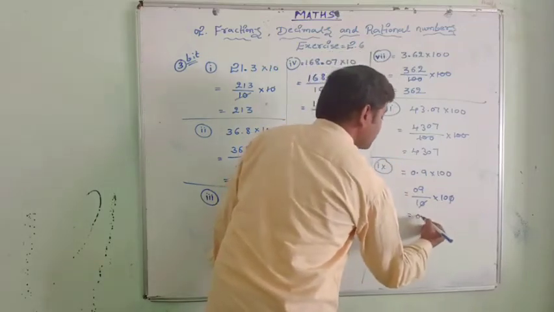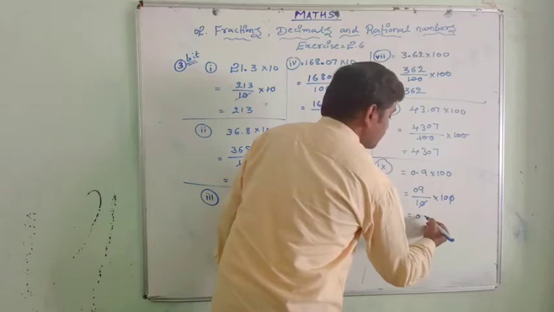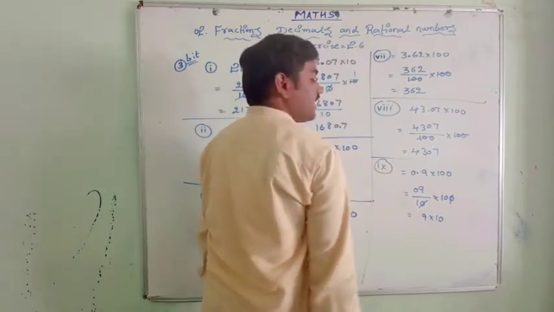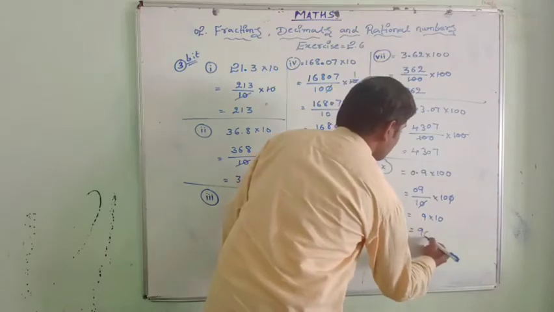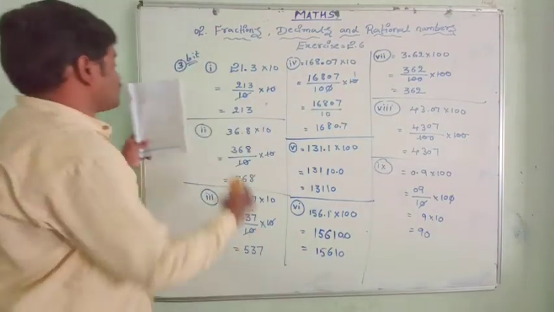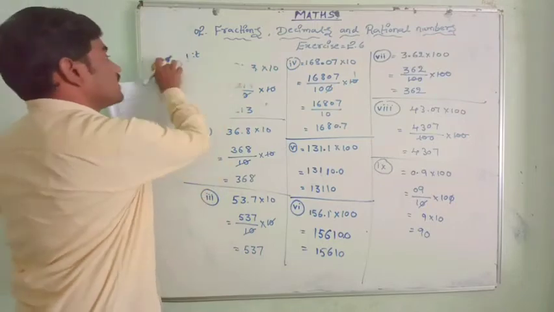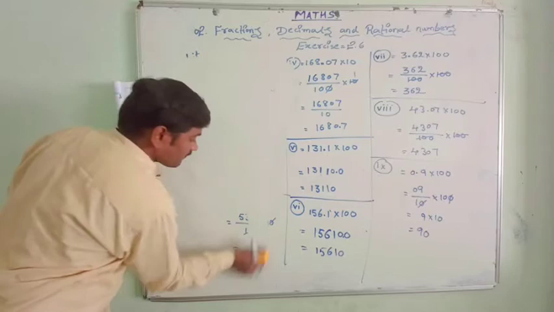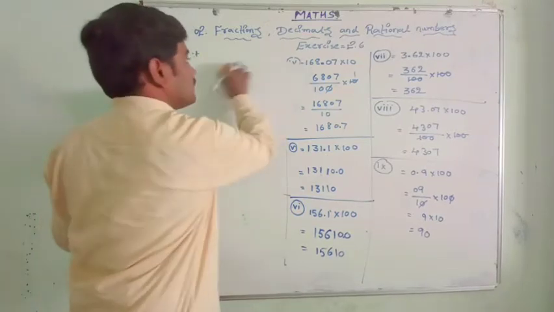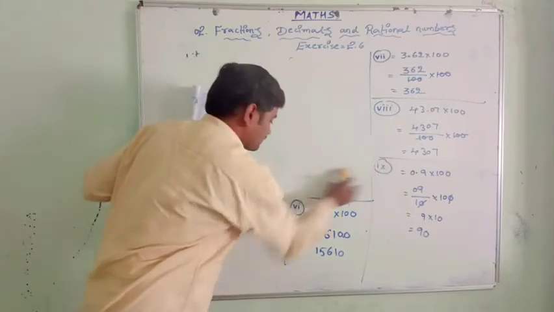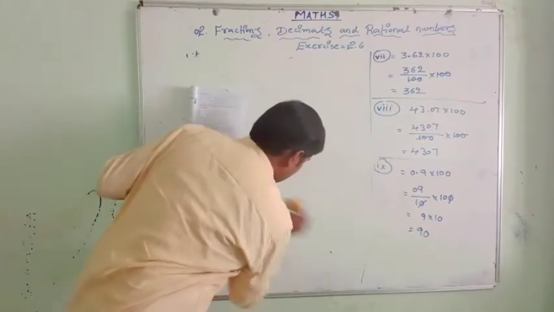What is left here? 9 into 10, that is 9. Answer will be 9. So I hope you understood these 9 questions. There are 3 more questions from this sheet. Let us solve those also.